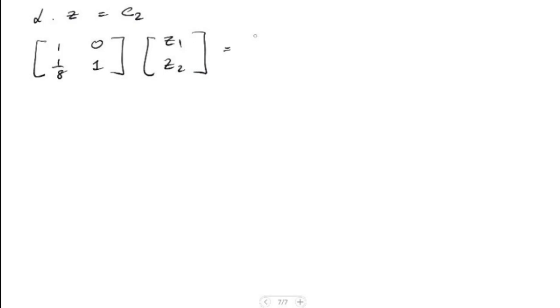So again, we'll go back to using the lower triangular matrix times the unknown vector z equal to the column 2 vector of the identity matrix. So L is 1 over 8, 0, 1, times z1 and z2, and then we have column vector 2, which is 0 and 1 of the identity matrix.